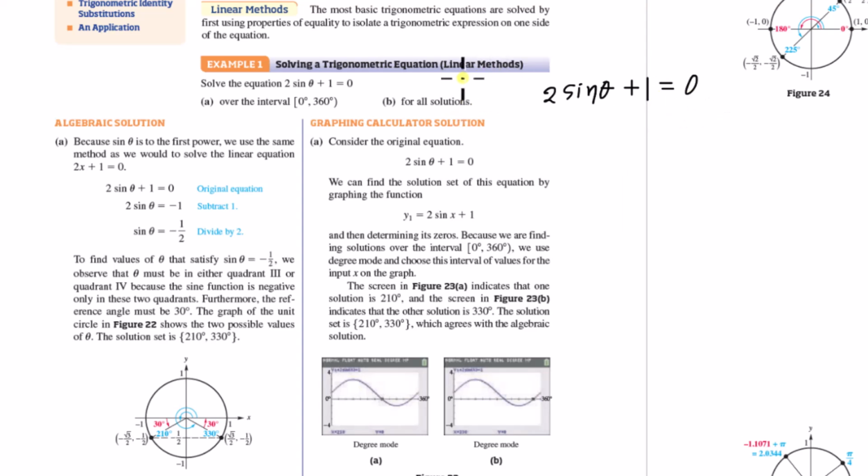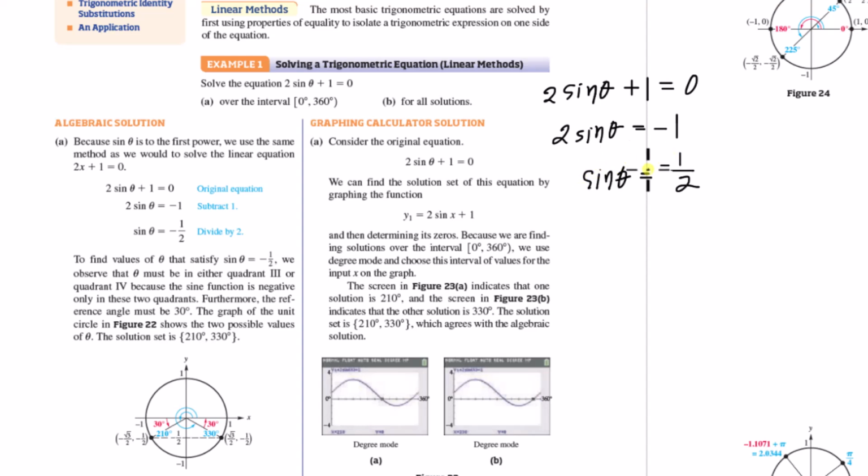It's set up so that we can subtract 1 from both sides and then divide both sides by 2. And now we've got a trig function on one side and a constant on the other side. So this is what's linear. If the best we could do was get something like sine theta plus cosine theta is equal to something, then that's a more complicated equation. It's not linear.